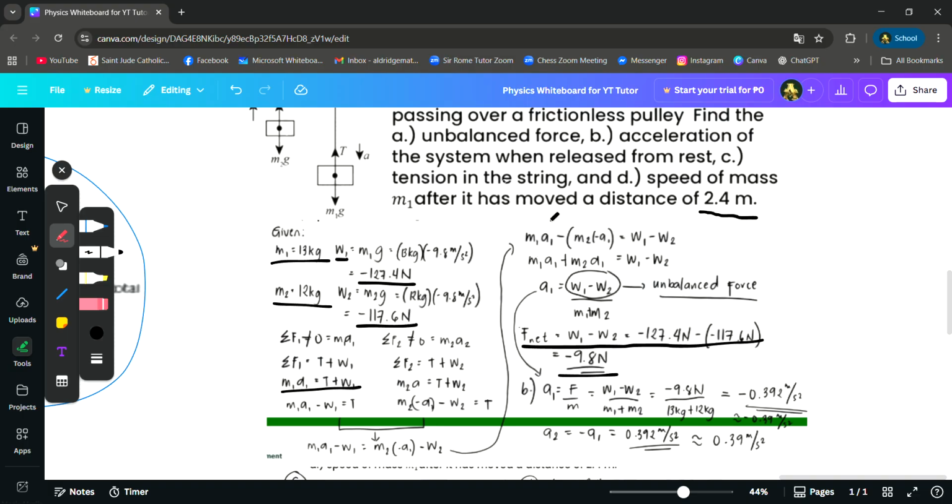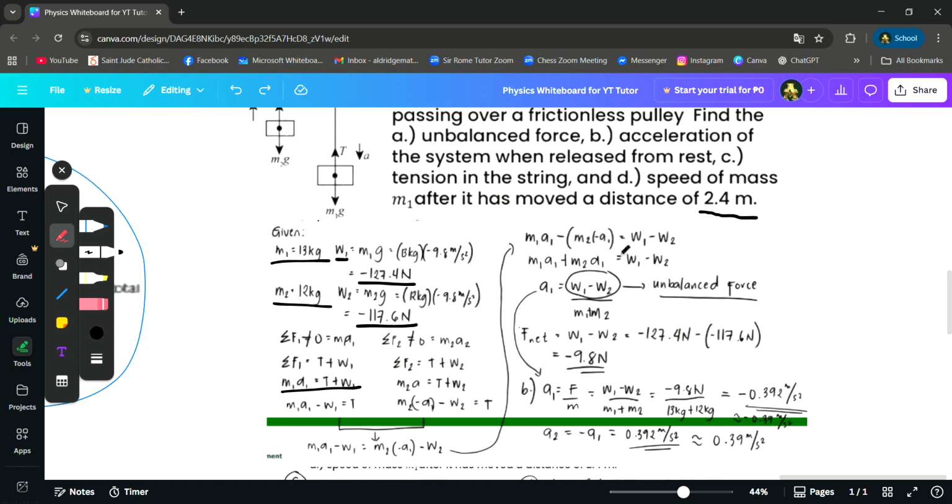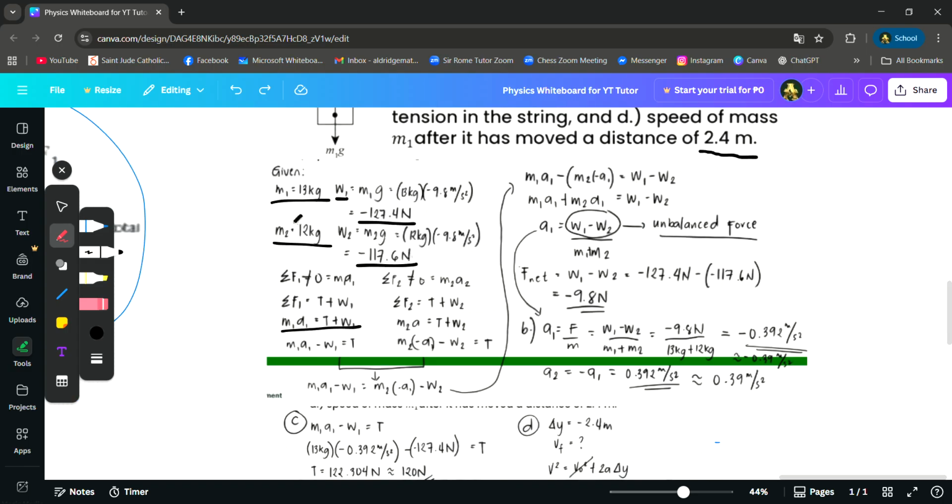So that's the unbalanced force. Now, for B, where we're looking for the acceleration, acceleration is force divided by mass. So negative 9.8 newtons over 13 plus 12, which approximately equals negative 0.39 meters per second squared.